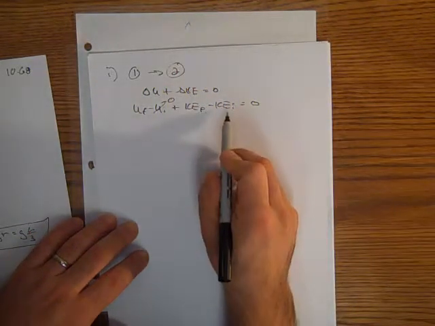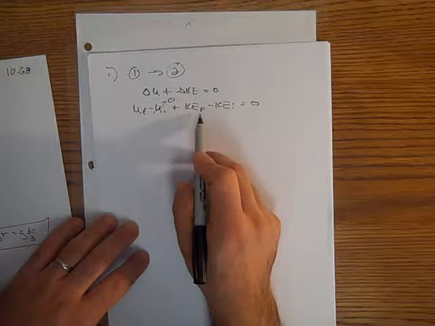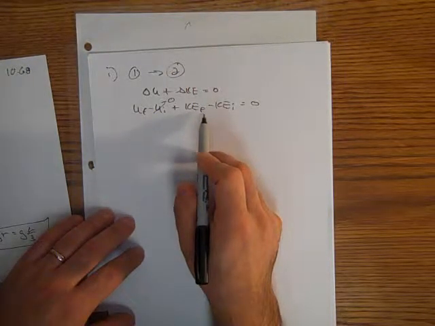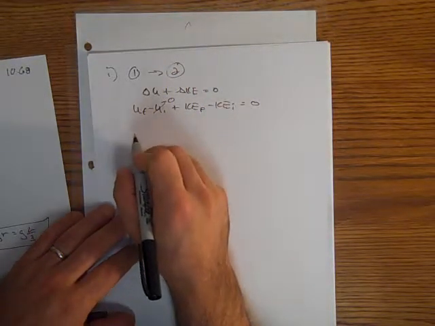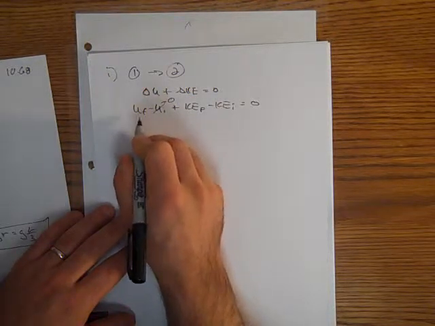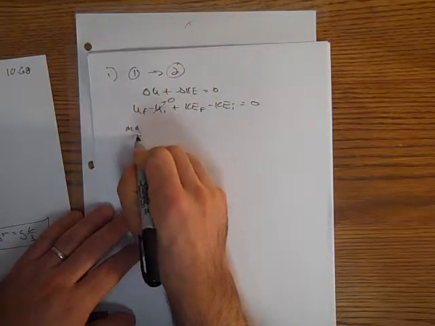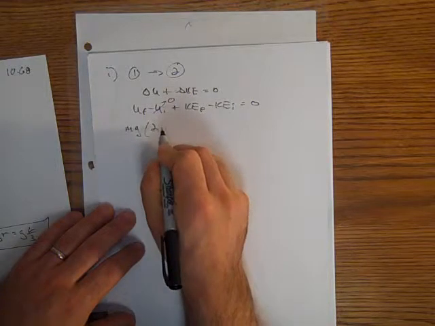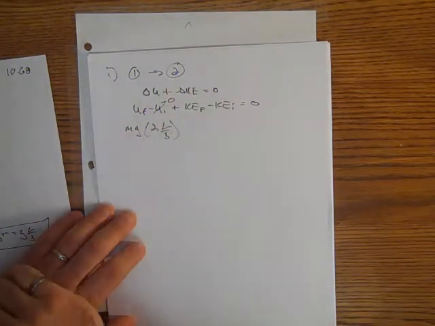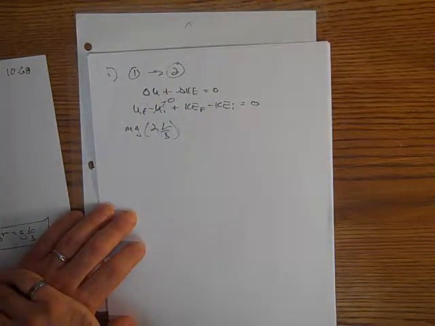The initial kinetic energy is not 0, nor is the final kinetic energy. But the final potential energy is m times g times 2L over 3. That's the final height that it ends up at.